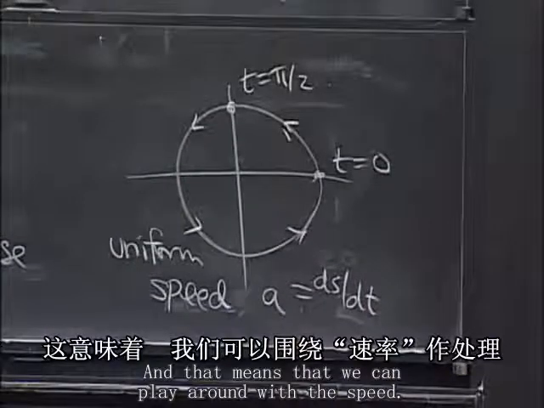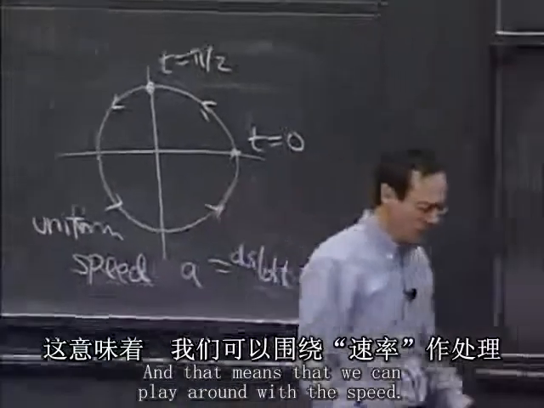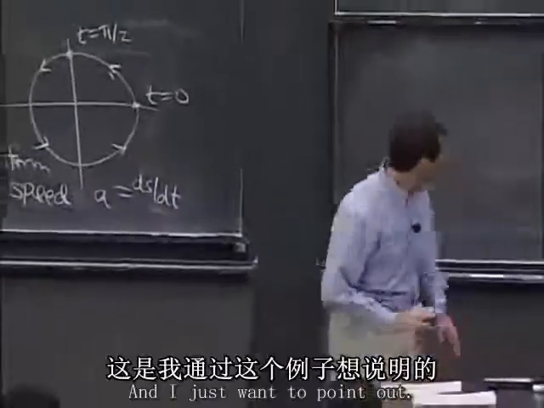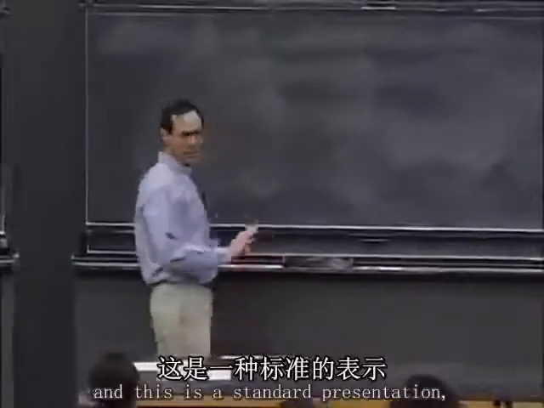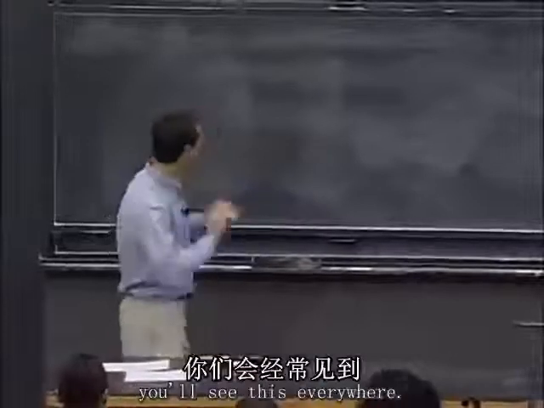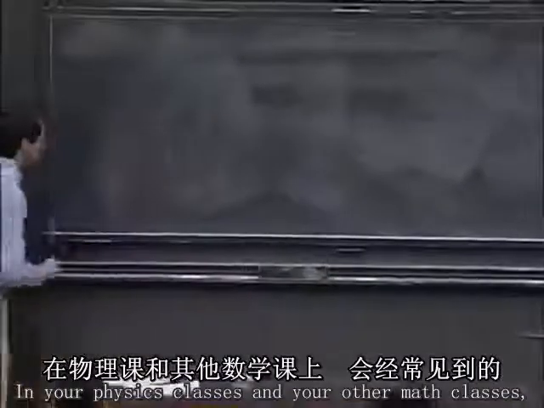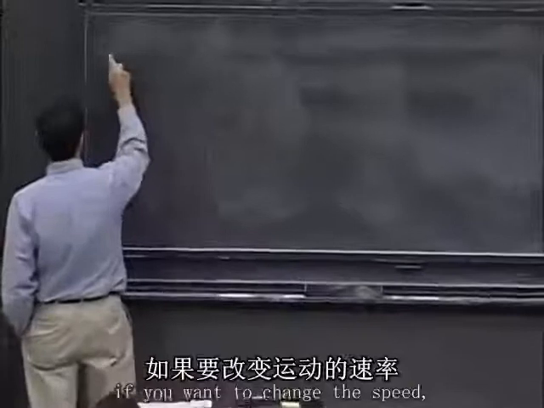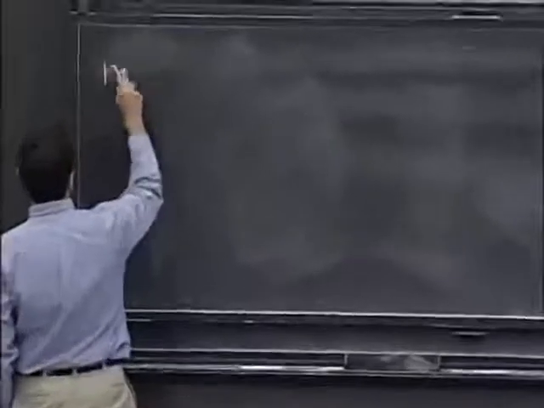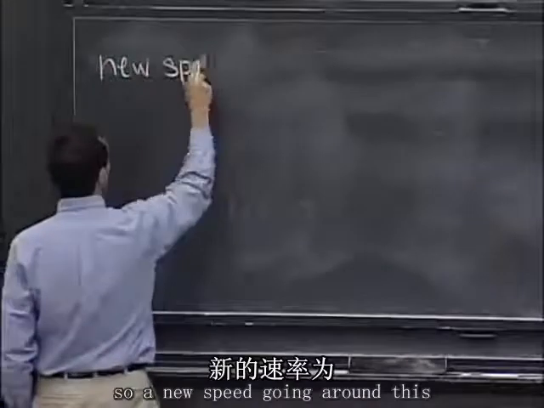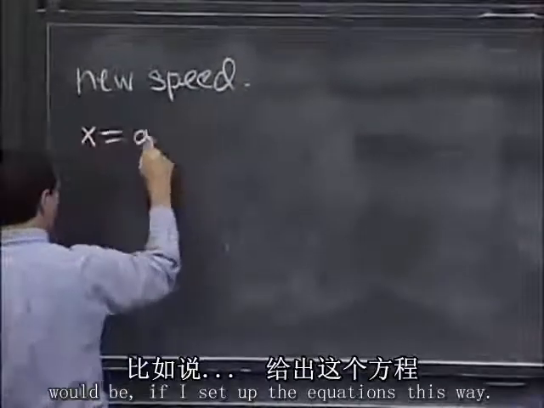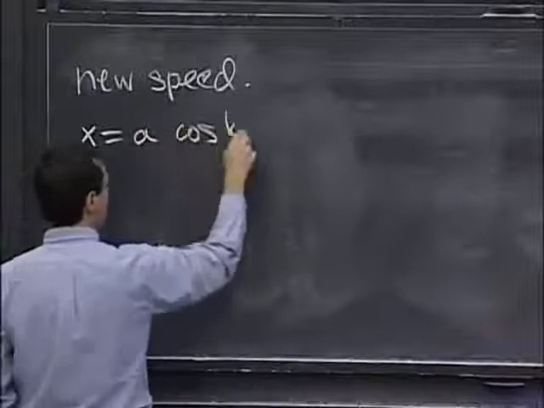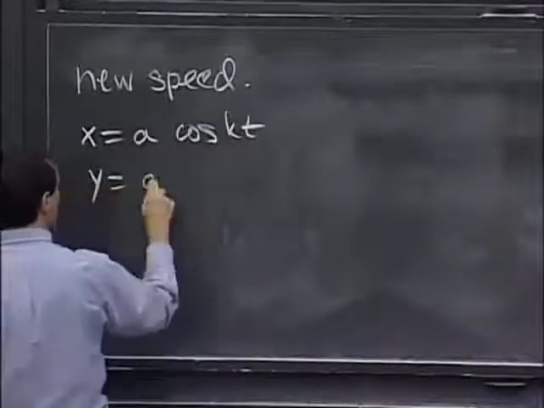And that means that we can play around with the speed. And I just want to point out, so the standard thing, what you'll have to get used to, and this is a standard presentation, you'll see this everywhere in your physics classes and your other math classes. If you want to change the speed, so a new speed going around this would be if I set up the equations this way.